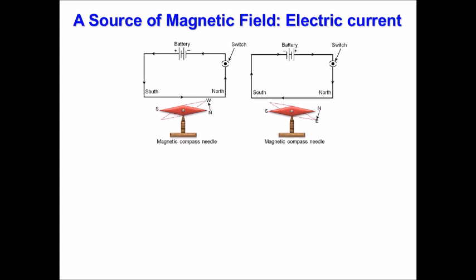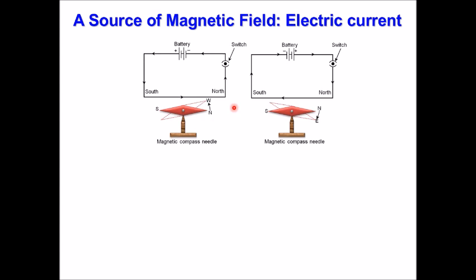He was running an electrical circuit shown here, and nearby on the table there was a compass that showed magnetic field. Of course, a compass is naturally oriented toward the north.